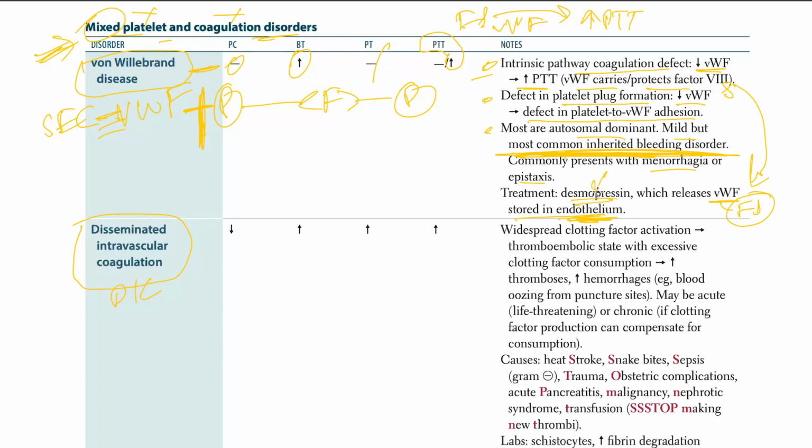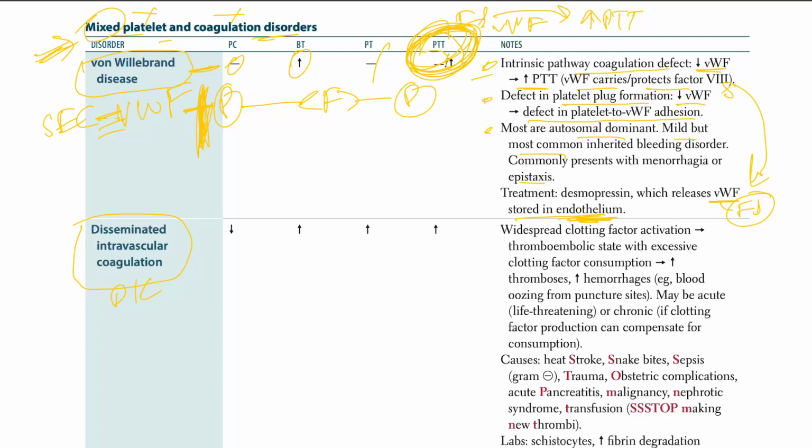That's why we were giving desmopressin in hemophilia A, right? So that's all for von Willebrand disease. So only two things we have here: increase in PTT and platelets can't bind.